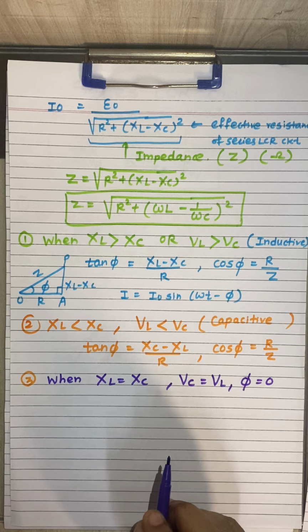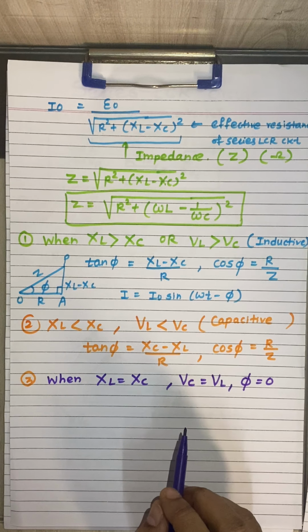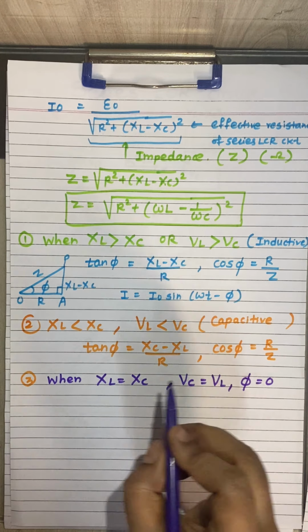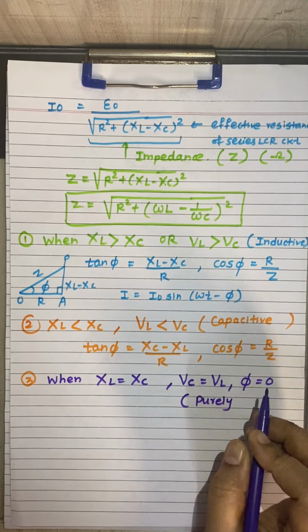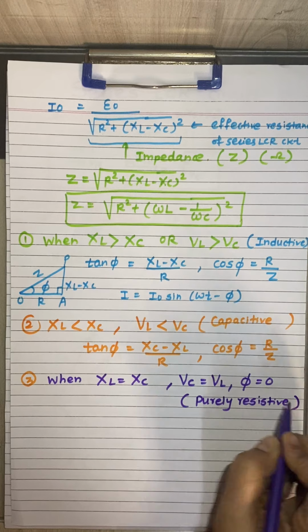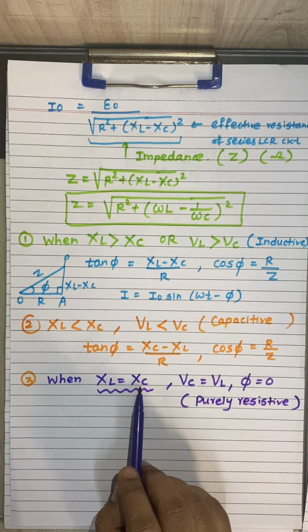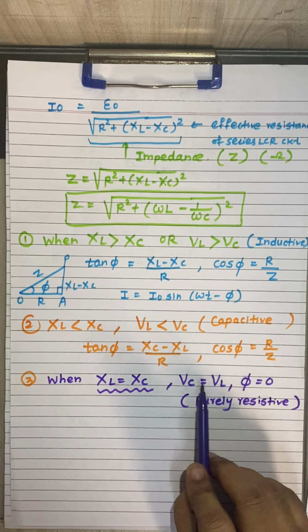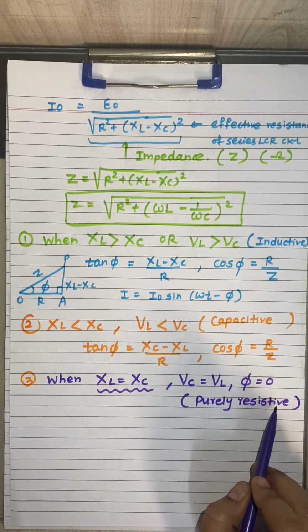So in this case the EMF and the current will be in the same phase. Then the series LCR circuit is considered a purely resistive circuit. You have to keep this in mind properly: when XL is equal to XC, phi is equal to 0, VC is equal to VL, and the circuit is called a purely resistive circuit.